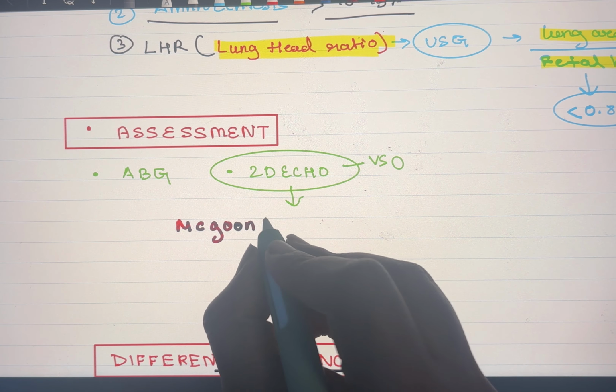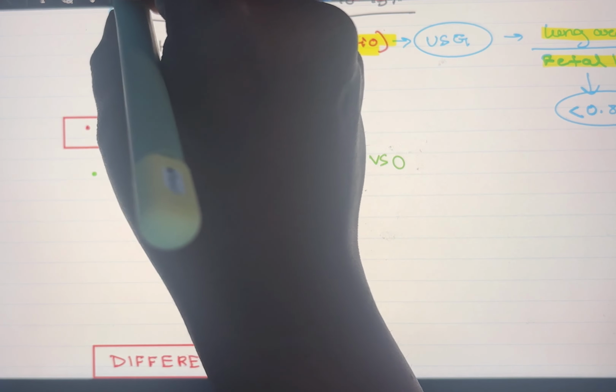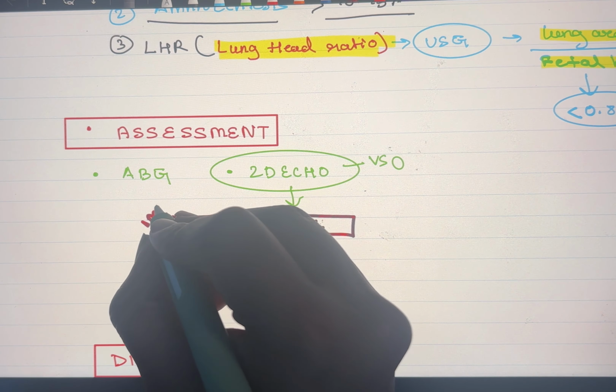So what is McGoon index? This is important.